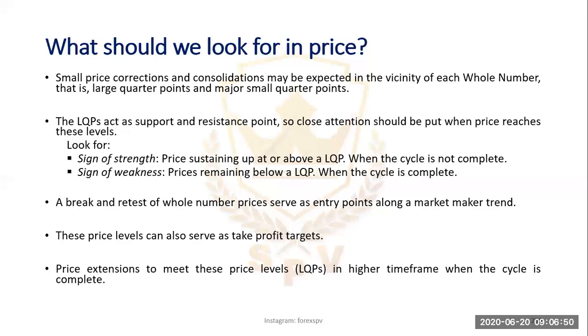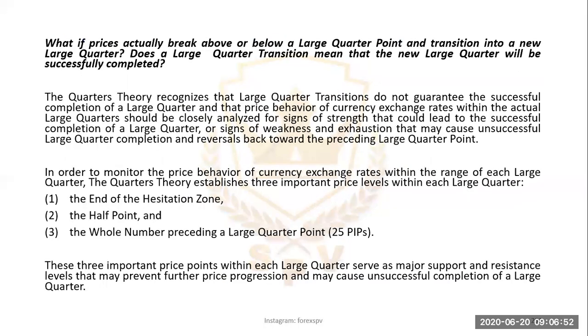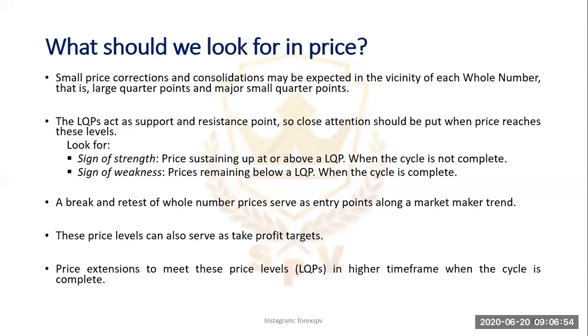If a large quarter point is an area of support or resistance in a higher time frame, for example in the weekly, then we know that the market would seek to find these levels in order to change the market structure from bearish to bullish. So you see price extension to meet these price levels.